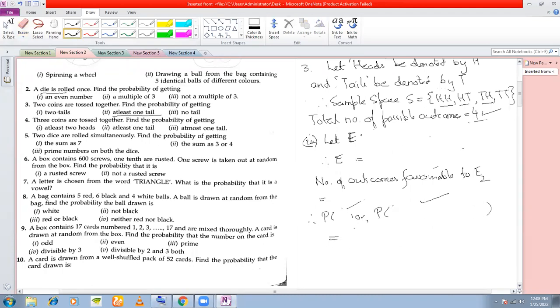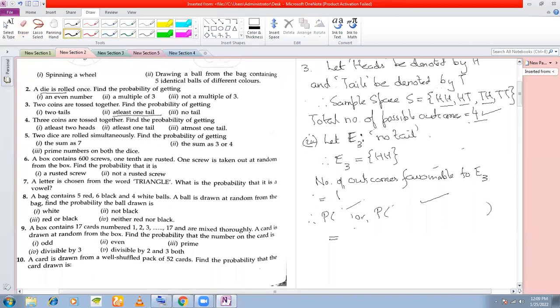Because my question is probability of getting no tail, I defined the event E3 as no tail, right? So E3 will be how many events in the sample space which contain no tail? Only HH, right? 1.